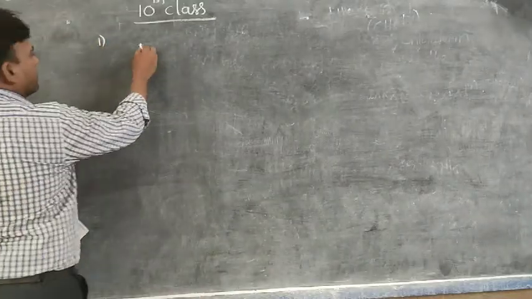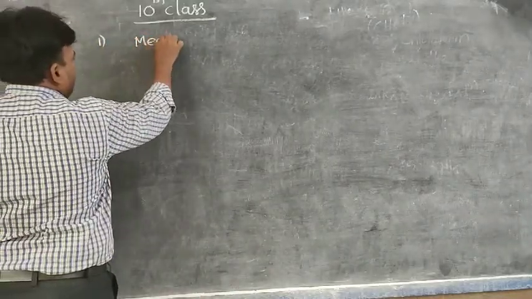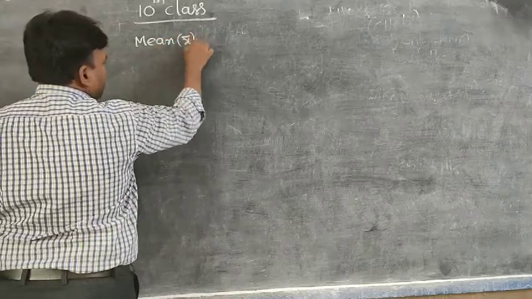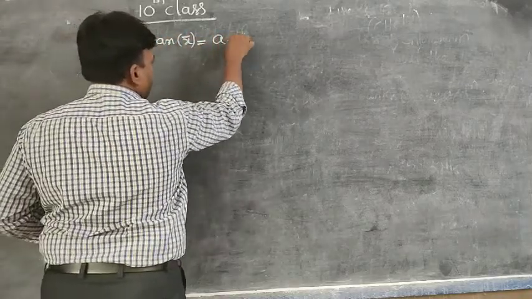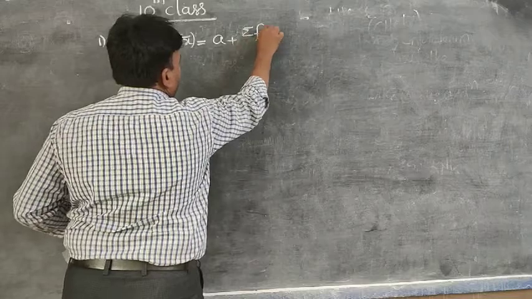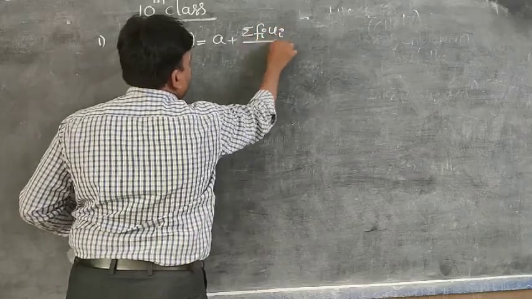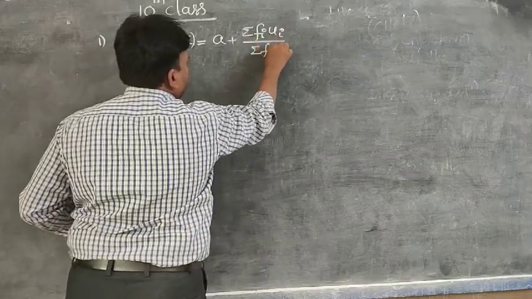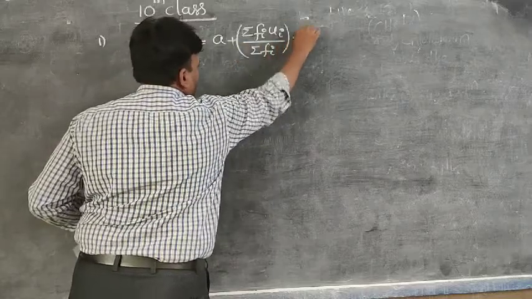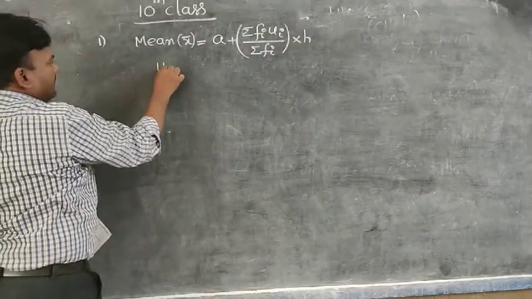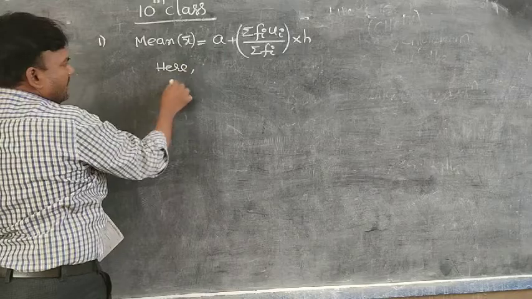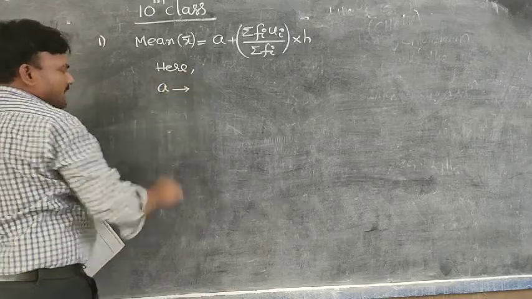So the formula for step deviation method: mean x bar equals a plus summation fi ui by summation fi, into h. Here observe each letter.